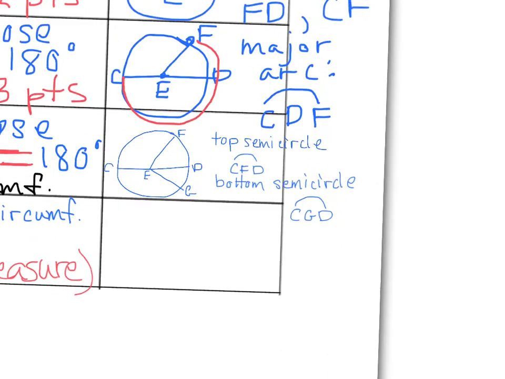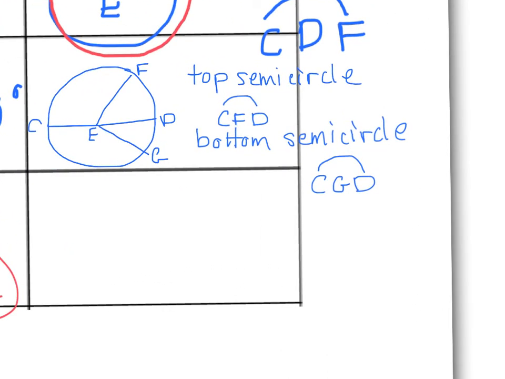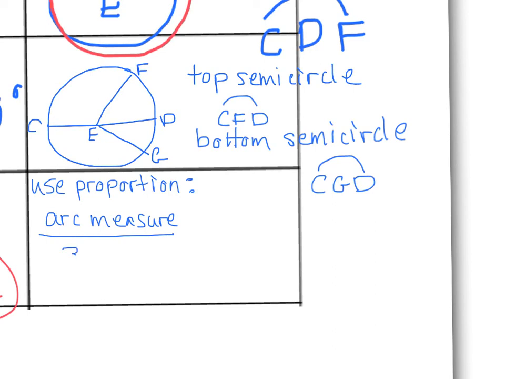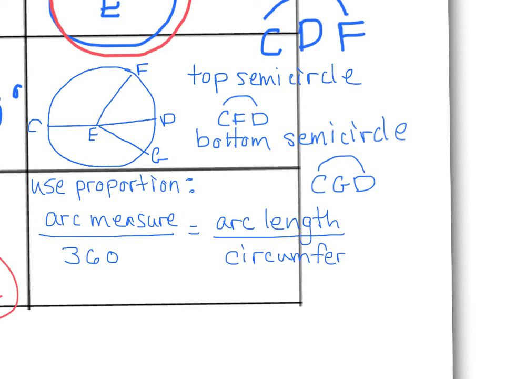Going over here, as we talk about how to solve for it, we're going to use a proportion to get there. And the proportion will be that whatever the arc measure is of the arc that we're looking at, and that'll be in degrees, out of the total degrees in the circle, which is 360, that's going to be the same ratio as the arc length divided by the total circumference of the circle.